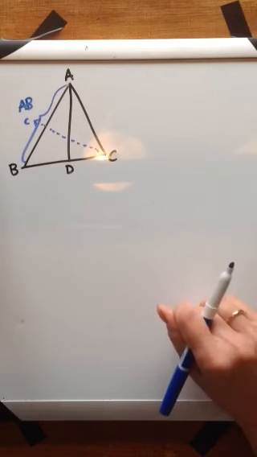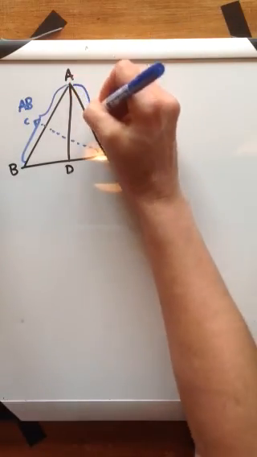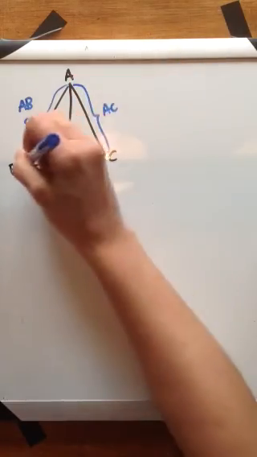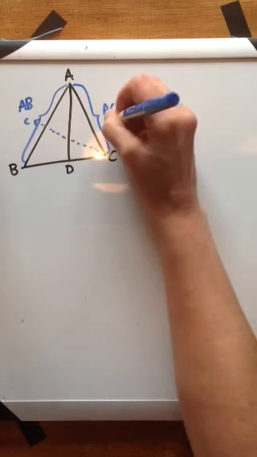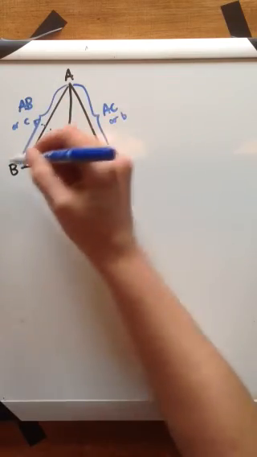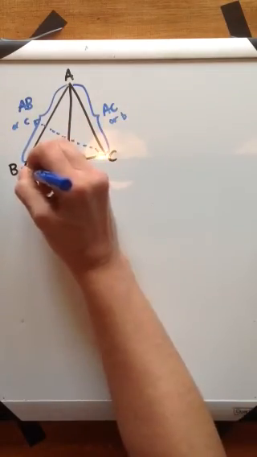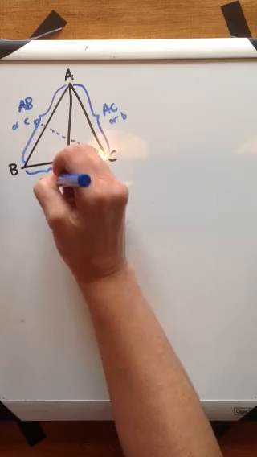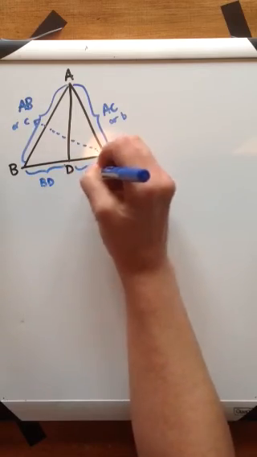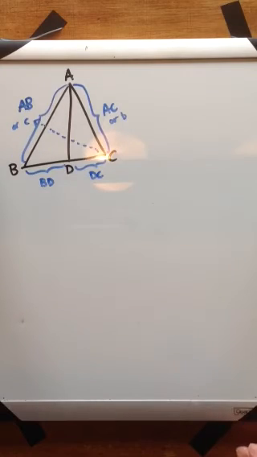For now, we will use the capital letter notation for the first couple of lessons. Okay. In a similar fashion, I could call this side AC, or because it's across from angle B, I could also call it little b. And then similarly, I could call this one BC. If I want to talk about sections of BC, I can refer to this as BD, and I can refer to this as DC or CD. We tend to list them alphabetically when we have pairs of letters, but it doesn't have to be that way either.